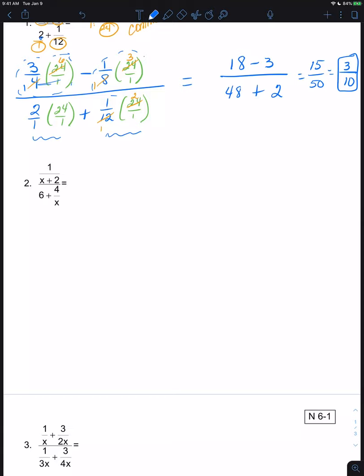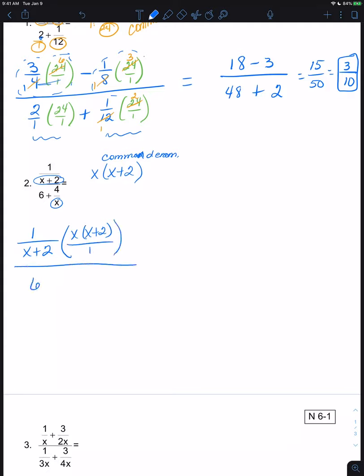Okay, so in this example, we have a denominator of x plus 2, and we have a denominator of x. Well, then that will never have a multiple, so we're just going to say that the common denominator is x times x plus 2. So we've got this 1 over x plus 2, and we're going to multiply it times x plus 2, and that's all over 1.